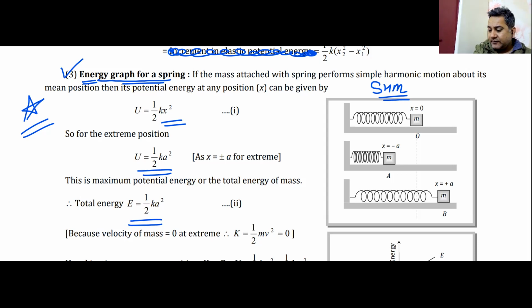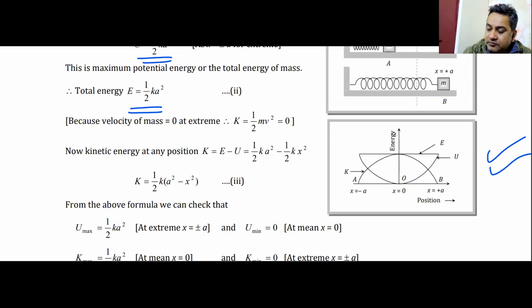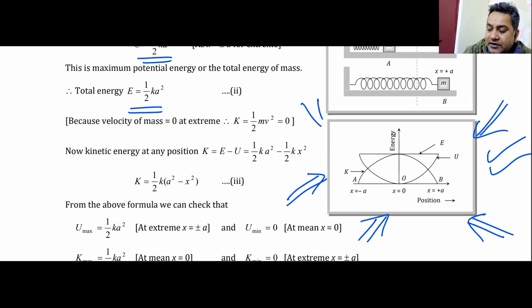If you can draw this graph, most of the questions in your NEET would be coming from this graph. We would be discussing this graph, don't worry, we'll come back to this graph when we understand more about something known as law of conservation of energy.